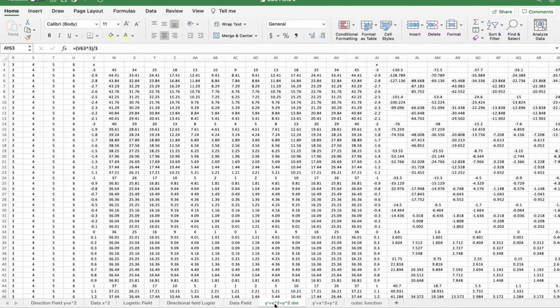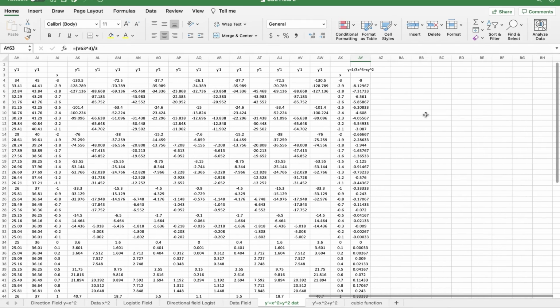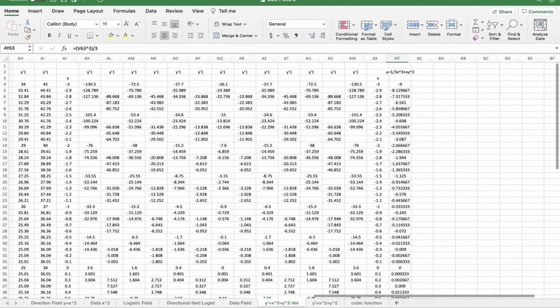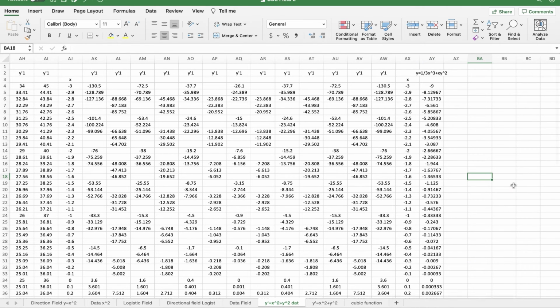Y prime equals x squared plus y squared.